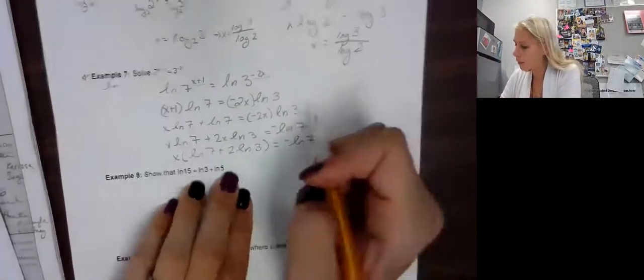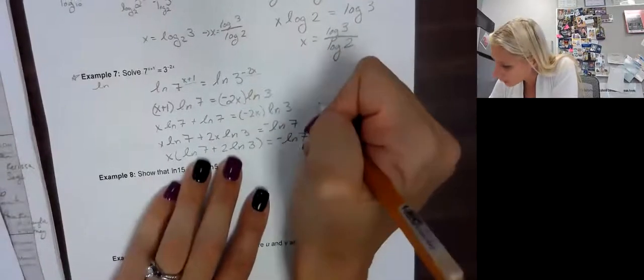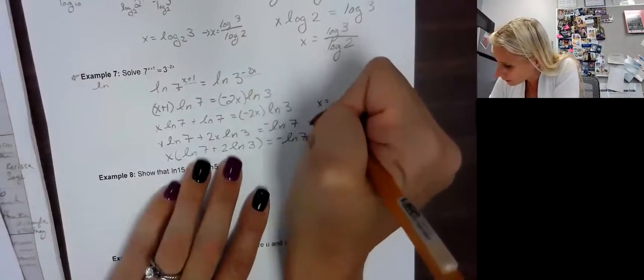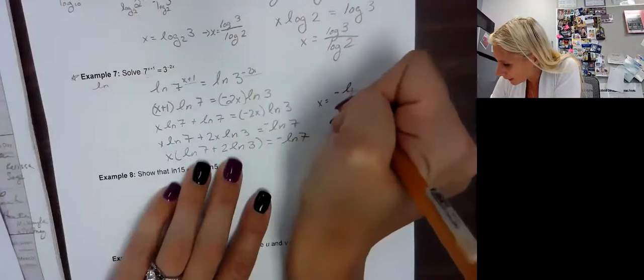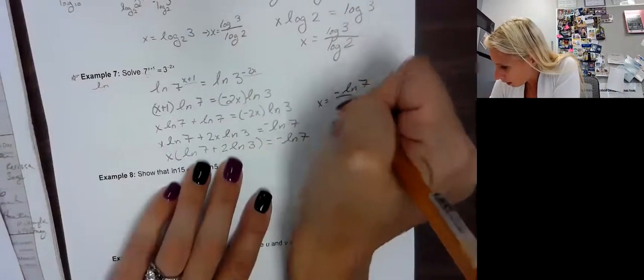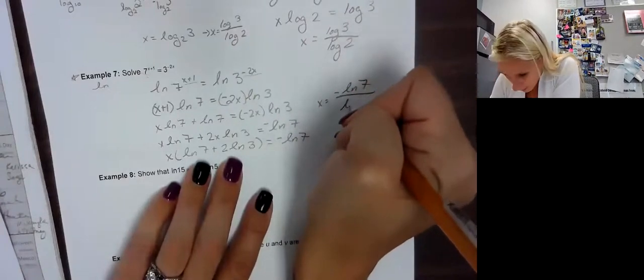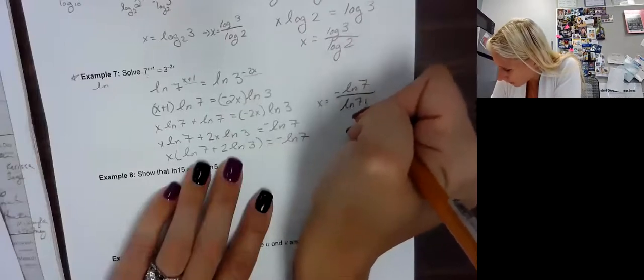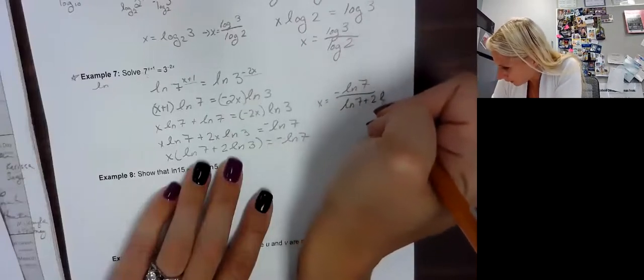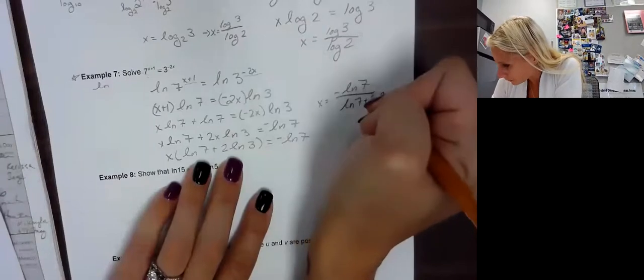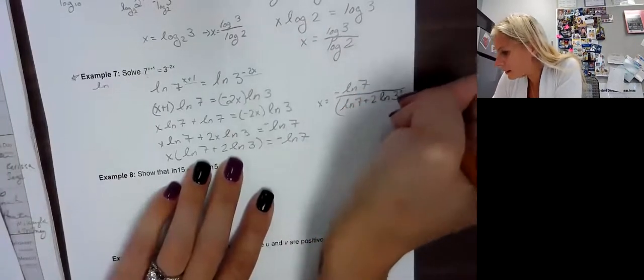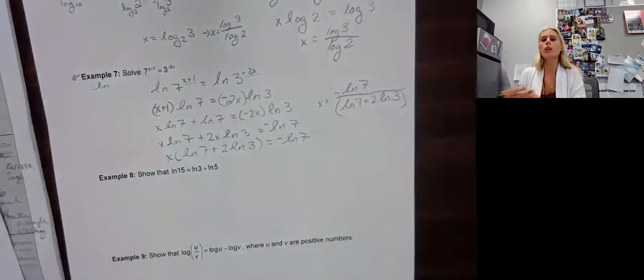Okay, and now if we want, all we have to do is divide. So I get x equals negative ln 7 all over ln 7 plus 2 ln 3. And we're in ln's, so it makes it easier to put it in our calculator.